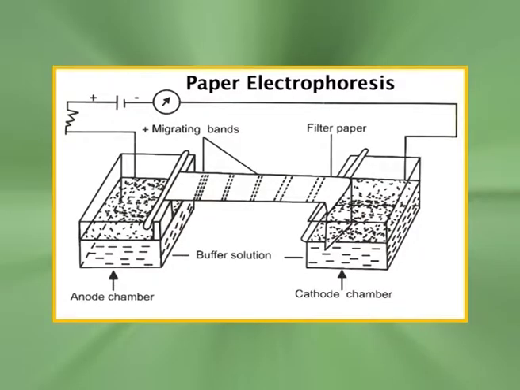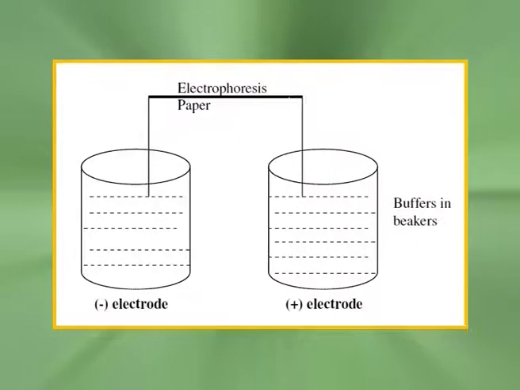It is a commonly used electrophoretic method for analysis and resolution of small molecules. This method is not used to resolve macromolecules, for example proteins, because the adsorption and surface tension associated with paper electrophoresis usually alter or denature the macromolecules, causing poor resolution.